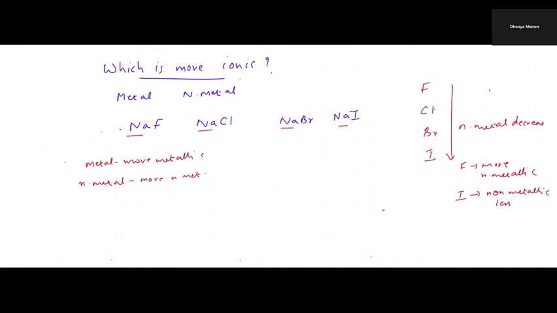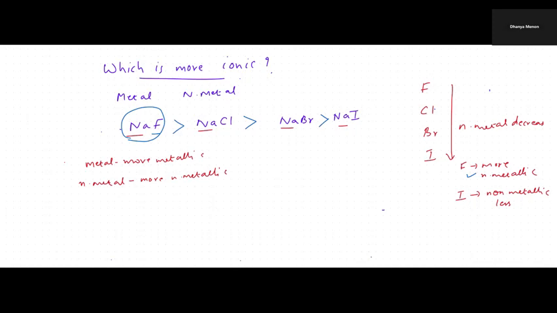So here the cation is the same, sodium, but what about the anion? Fluorine is more non-metallic, since up the group it is more non-metallic. So definitely sodium fluoride is more ionic compared to sodium chloride, sodium bromide, and sodium iodide.